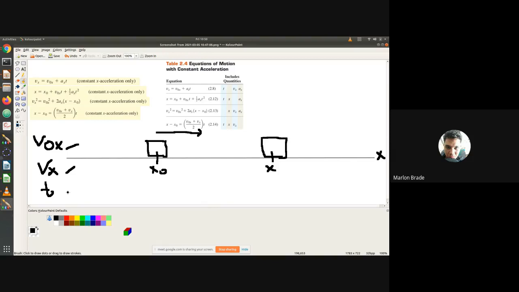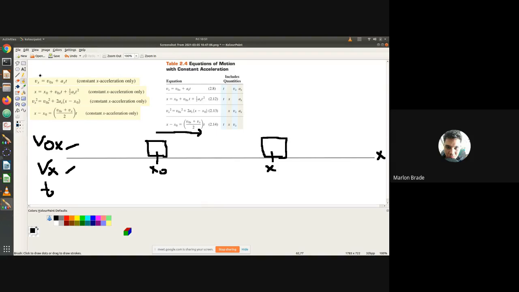Okay? So, guys, notice these four equations. For example, the first equation is vx equals v naught x plus axt. In this equation, there is no position.